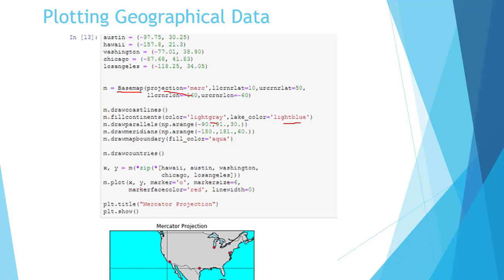Here this example creates the x and y coordinates using the previously stored longitude and latitude values. It then plots these locations on the map in a contrasting color so that we can easily see them. So this is the output of this given example. Thank you.